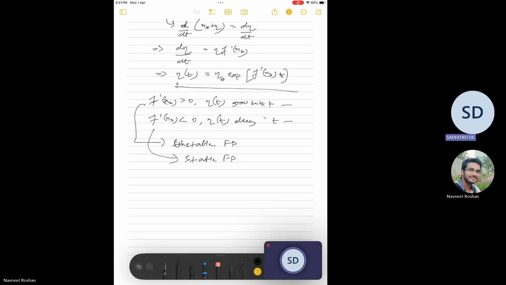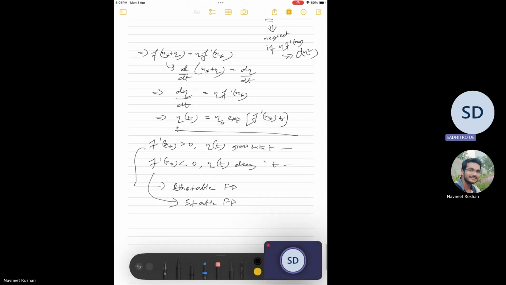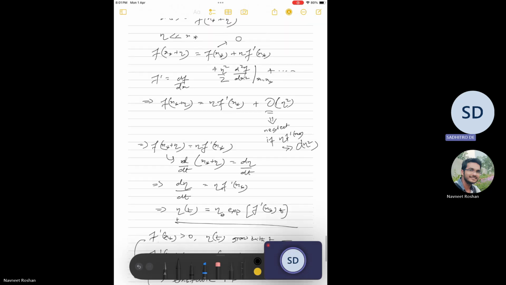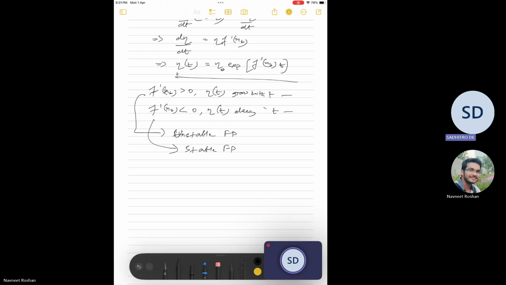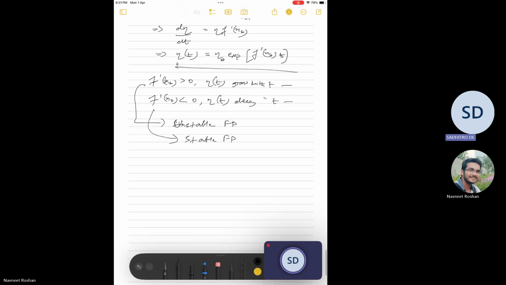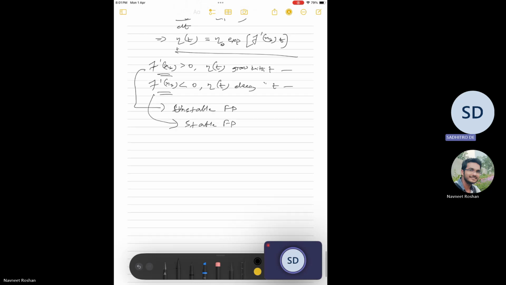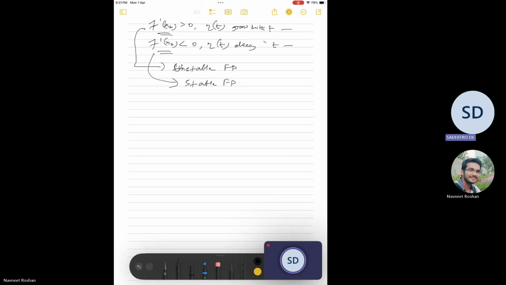So this is what stability analysis is all about. So basically we did all this calculation to see how the perturbation grows with time, and you see that the condition for the growth of perturbation is simply contained in the derivative of the right hand side of the dynamical system, right? So basically in one statement, what does linear stability analysis say?